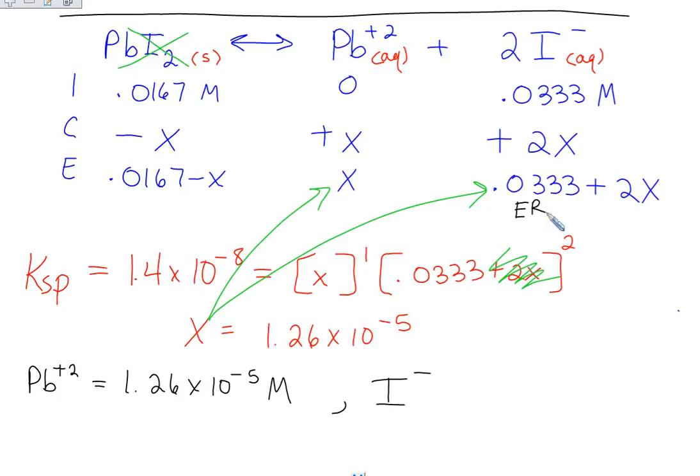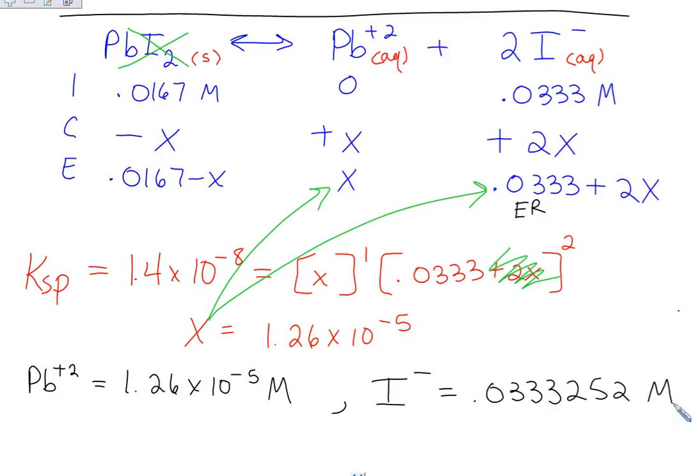I hesitate to say it's insignificant, but it almost is. 0.03332-ish. I mean, you'd have to go out like many sig figs, 0.0333, like 52-ish molar, which you probably wouldn't do. If you were leaving this at 3 sig figs, you'd say 0.0333. Yes, I get a little bit more iodine, but if I'm sticking with proper sig figs, it is insignificant.